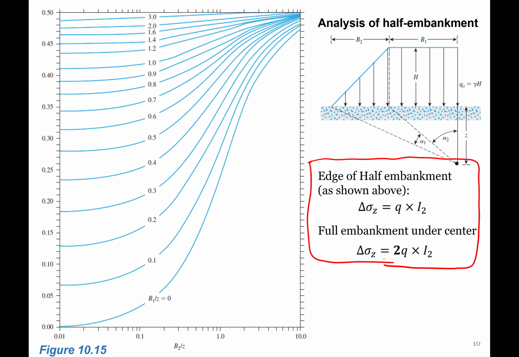How we would read this, B1 divided by z, you can see this is the flat portion. So that's going to be those contours, and then B2 divided by z is going to be on the x-axis. The I value that we want, this I2, is going to be the y-axis here. So let's say we have a B2 divided by z of 1, and then let's say we have a B1 divided by z of like 0.5 or something.